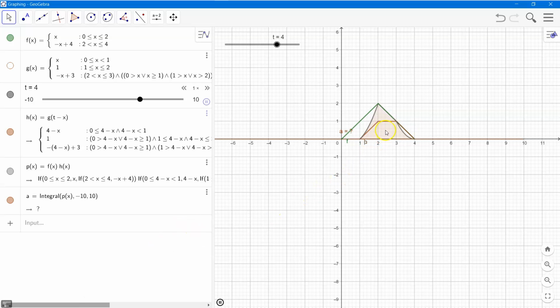So naturally the intersecting areas initially increase and then they decrease.